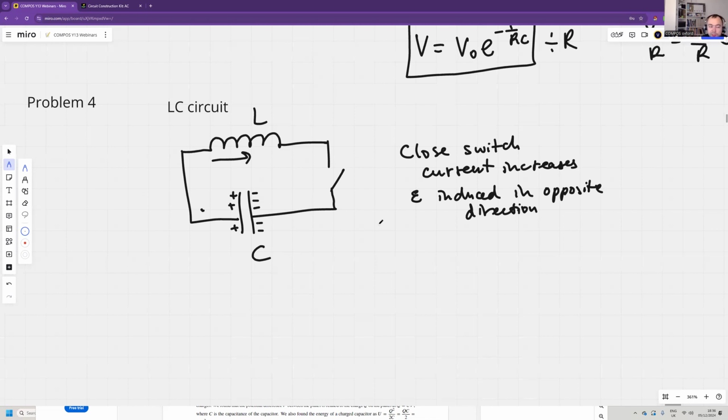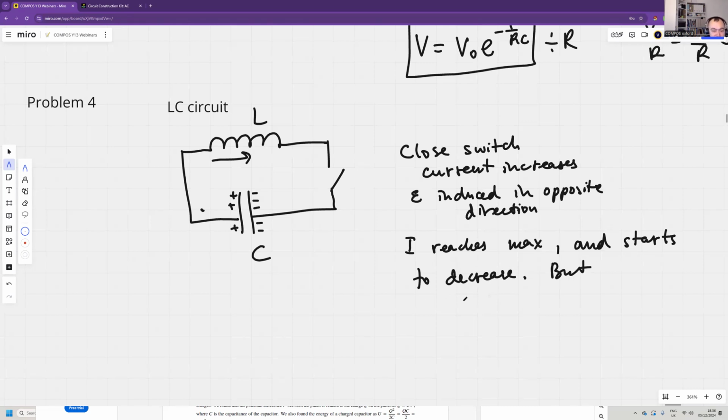The voltage on the capacitor is 0. So the current starts to decrease. And what does the inductor not like? It doesn't like change. So the current reaches its maximum level, and starts to decrease.